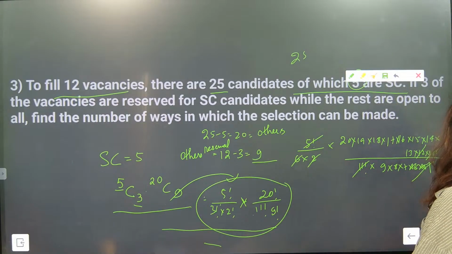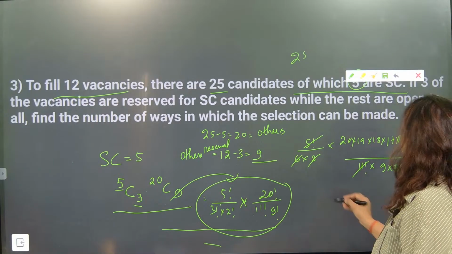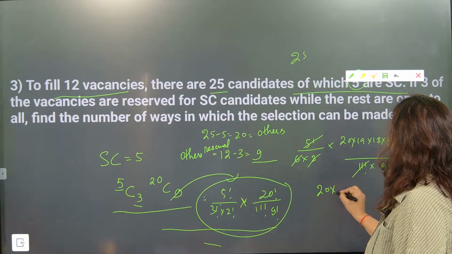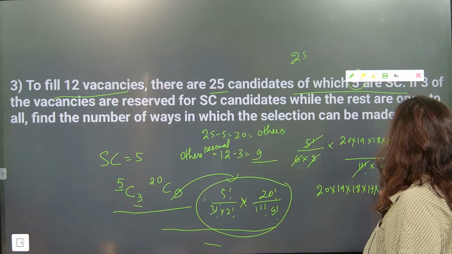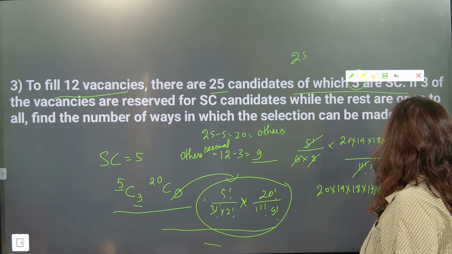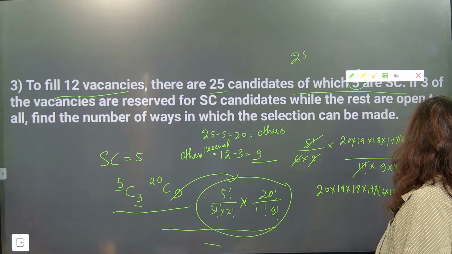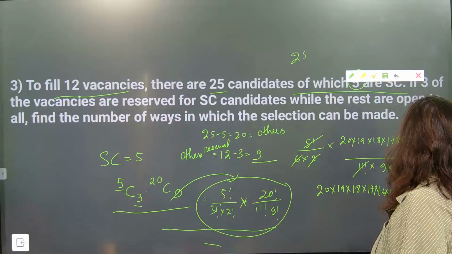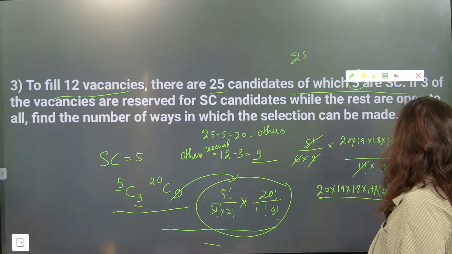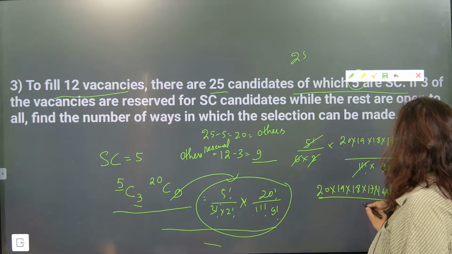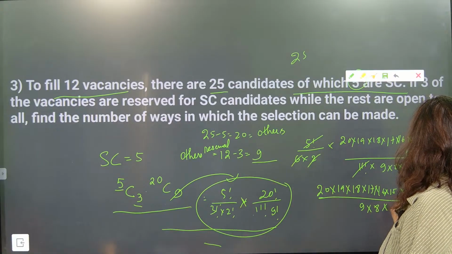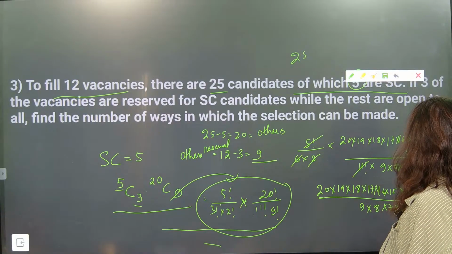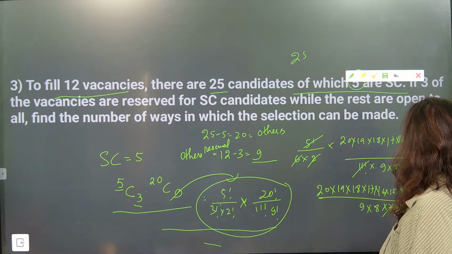So 12 gone. Okay. So here it is coming as 20 into 19 into 18 into 17 into 16 into 15 into 14 into 30, 9 into 8 into 7 into 6. 7 twos are 14.